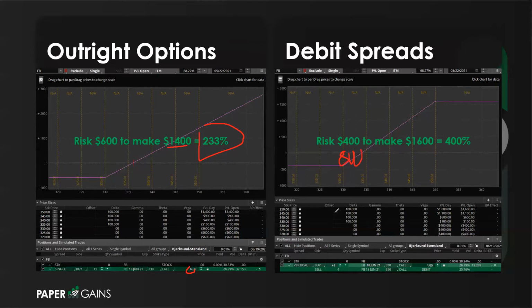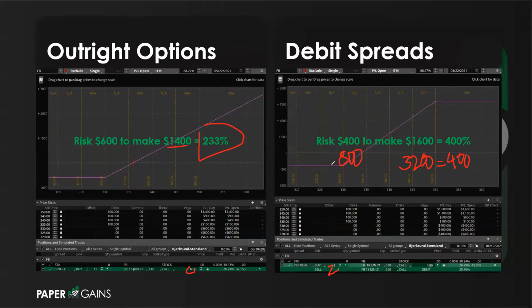What if I did 2 of these, and change that to a 2? Well, this would be $3,200. Same percentage. In this example, I can spend $800 and make $3,200. This is what we do.